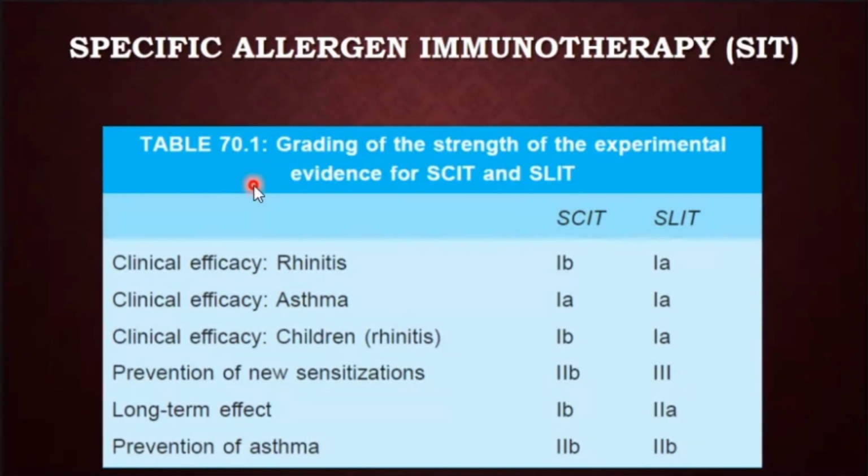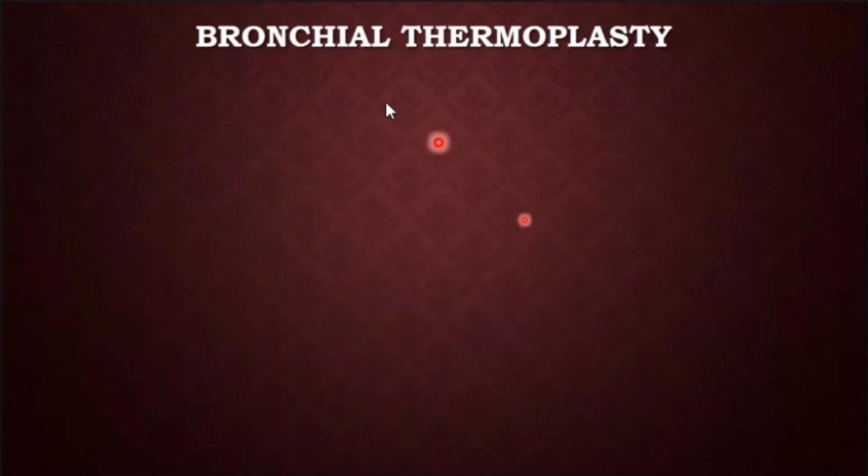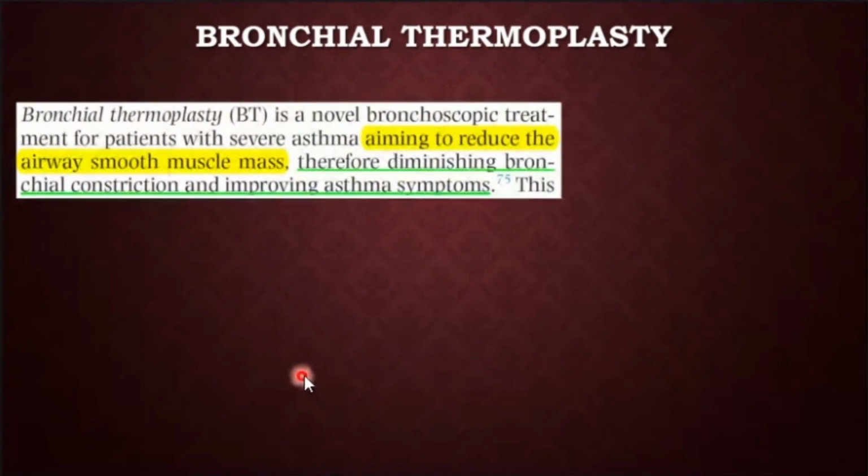So these are the two modalities of allergen immunotherapy, your SLIT and your SCIT, sublingual and subcutaneous. Now coming to bronchial thermoplasty. What is bronchial thermoplasty? Bronchial thermoplasty is a bronchoscopic procedure for patients with severe asthma, where the main aim is to reduce the smooth muscle mass.